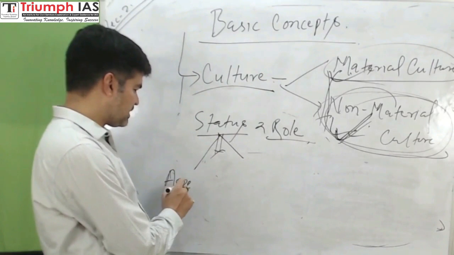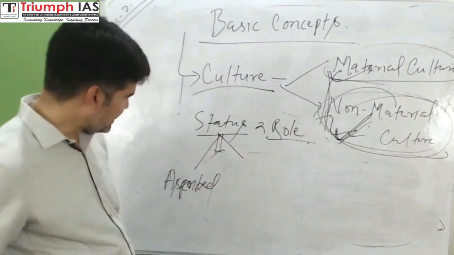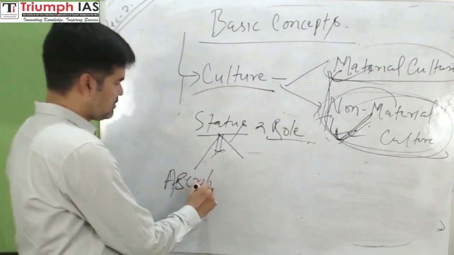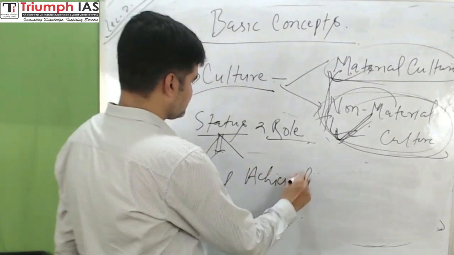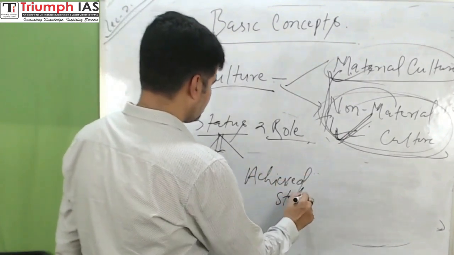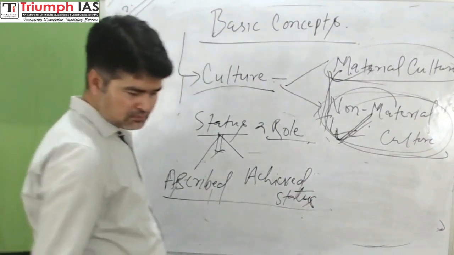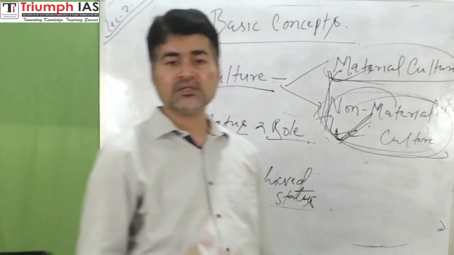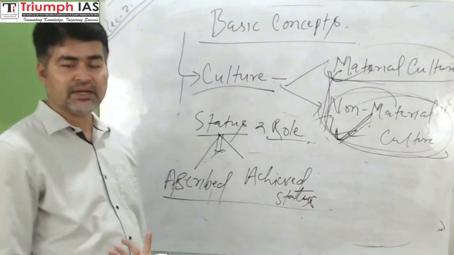Individuals or members of society have ascribed status and achieved status. Like Vadhva or Sharma, Yadav, Singh, Thakur, right?